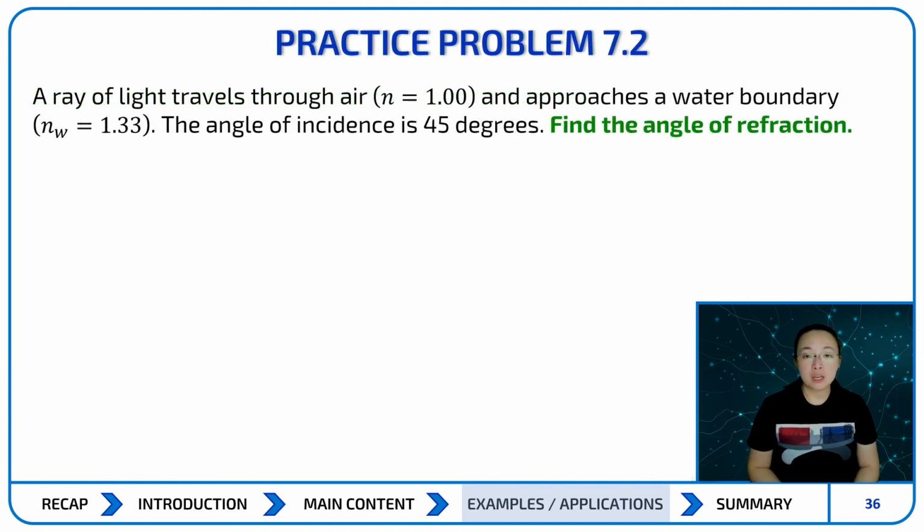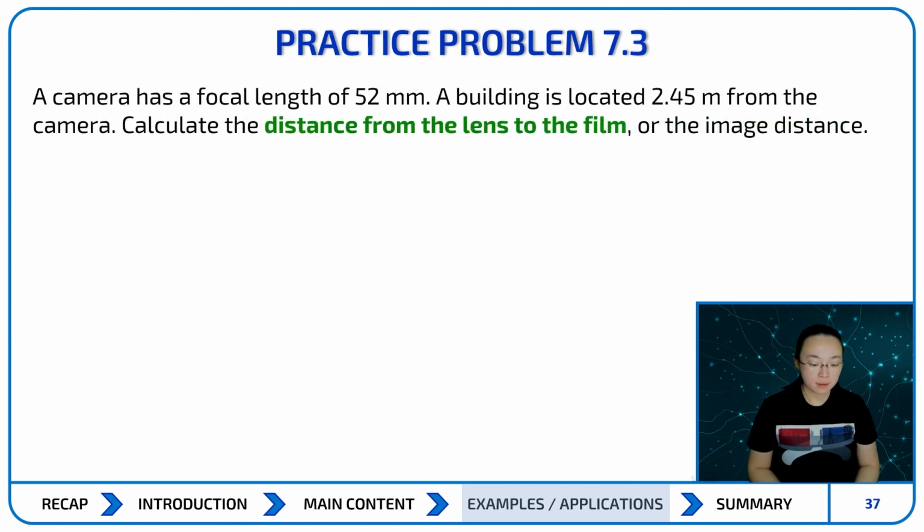You should also be able to use Snell's law and find the angle of refraction. And you also should be able to determine the distance from the lens to a film or any other parameter from the thin lens equation. So we'll be going through these practice problems during the live lecture, and then that should be good enough practice for an upcoming quiz.